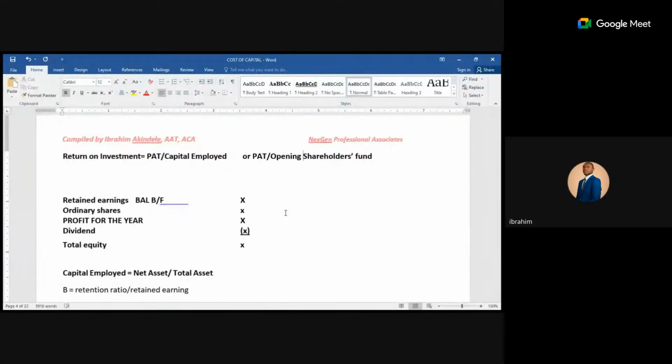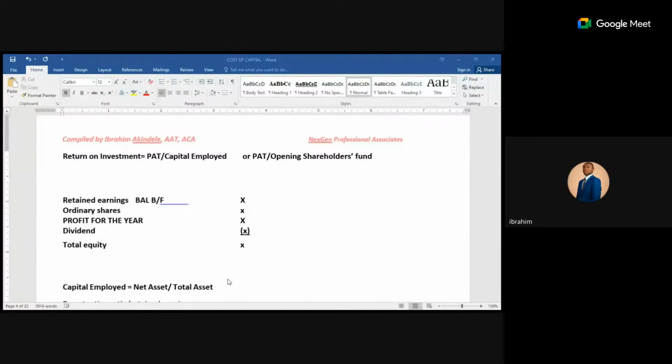Now, class, this is the retained earning brought forward from the previous year. This is your ordinary shares. This is the profit for the year. This is the dividend, and this is your total equity. Now, what is opening shareholders fund? It simply means that I only need the equity for that year.